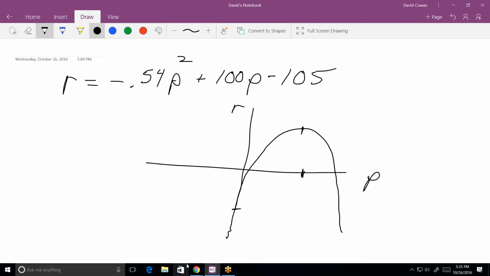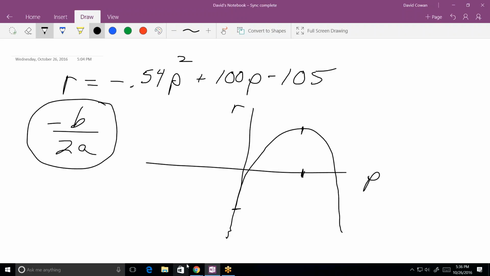They said use your Inspire, which means they probably want you to graph this and then use the option that gives you the maximum or the minimum. But we know that the horizontal coordinate is minus b over 2a. That will give us our answer immediately, faster probably than you can graph it.